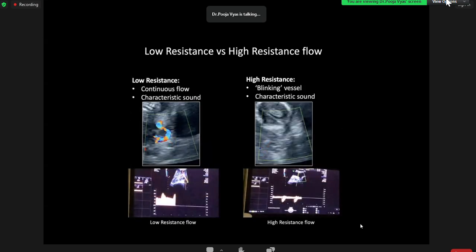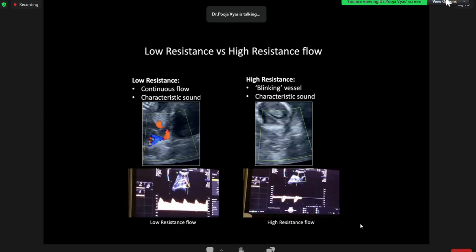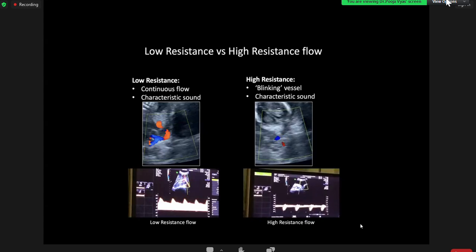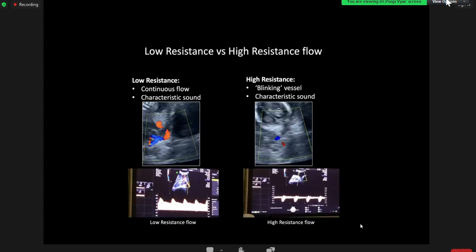Low resistance is a continuous flow and we hear this classical sound. Okay, this is classical of low resistance. Now moving on to high resistance, we see a blinking vessel and we hear this characteristic sound.